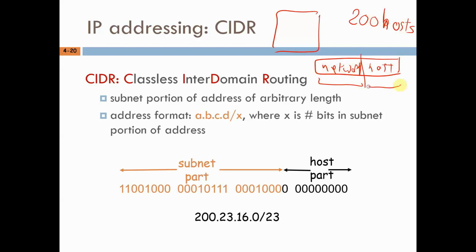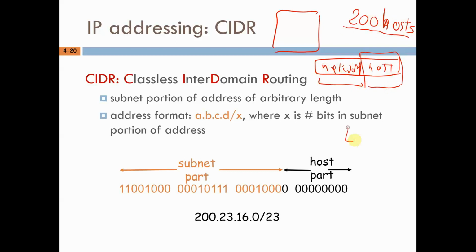What will differ among the 200 hosts is the host part. So if I have 200 hosts, how many bits should I have in the host part? In other words, how many bits should be there so that I have a maximum of 200 different combinations?